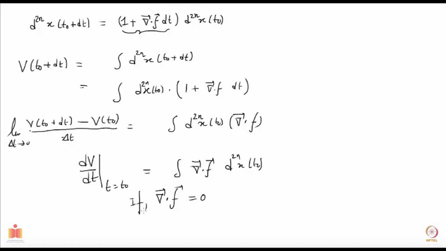If that is true, then dV over dt at any time t naught will be 0, or equivalently at all times. So the volume is not going to change with time if your f was divergence-less. That is the generic conclusion for any system of ordinary differential equations.